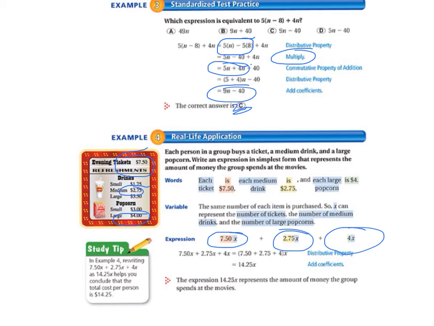So we take the amount of money from each thing, so $7.50 plus $2.75 plus 4, and we put that in parentheses. We put x on the outside, and we add all of that up, and we get $14.25, and it's multiplied by x. So it turns out to be $14.25x. So the expression 14.25x represents the amount of money the group spends at the movies.